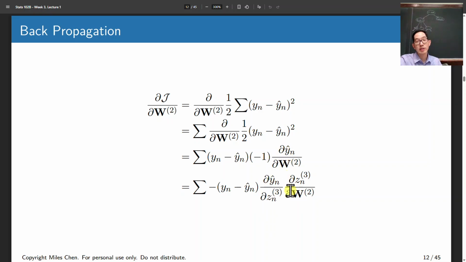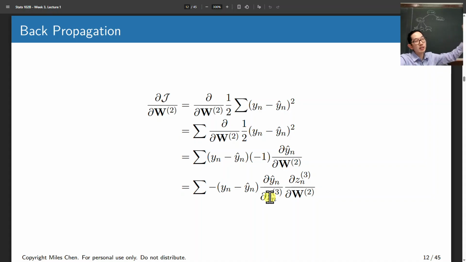Now I'm going to further split this. How do we go from W2 to y hat? There's an intermediate value, Zn, where we've taken the outputs of our activation layer, our activated values in the hidden layer, and multiplied by W2.